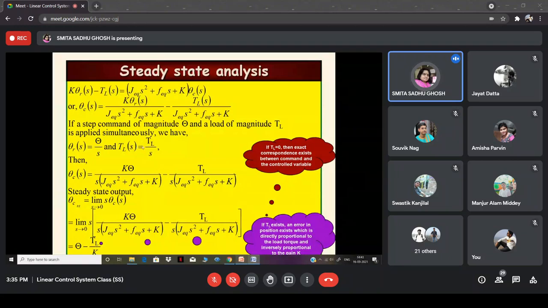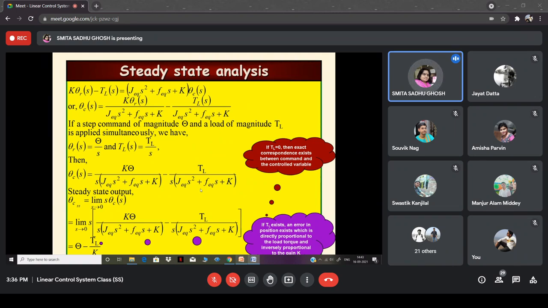So T_L(s) is equal to this constant magnitude T_L by s, because we are applying a step, and theta_r(s) is equal to the constant, that is capital Theta by s, right? So applying these two step inputs with respective magnitudes, we have the output as here: in this expression, instead of theta_r(s) you have simply put capital Theta by s, and instead of T_L(s) you have simply put T_L by s, right? So this is the output signal.